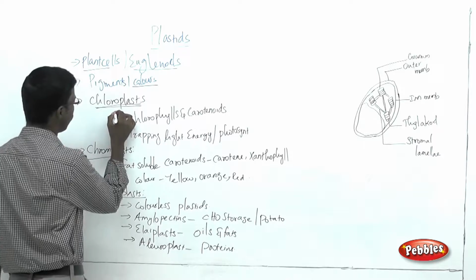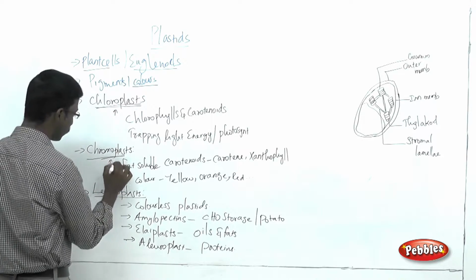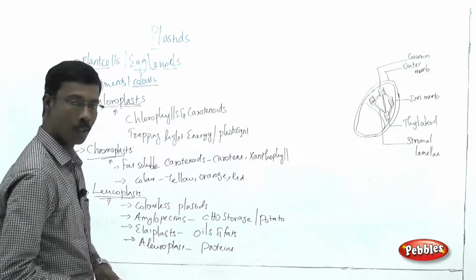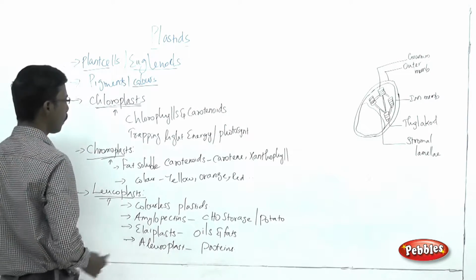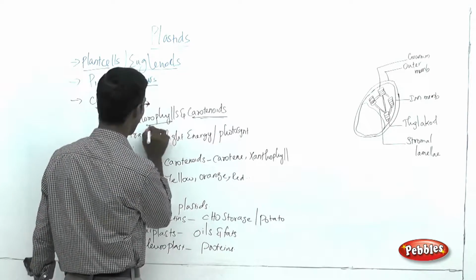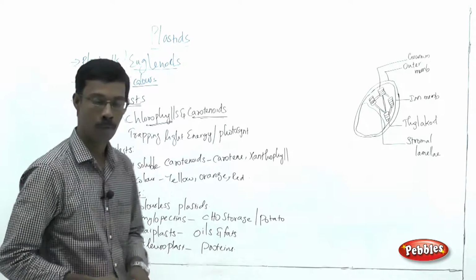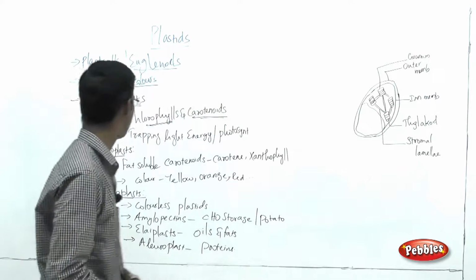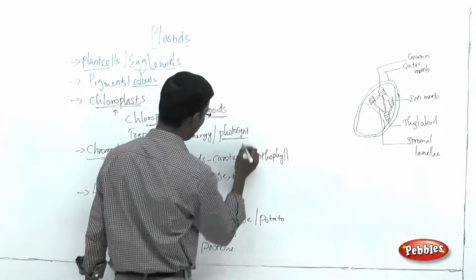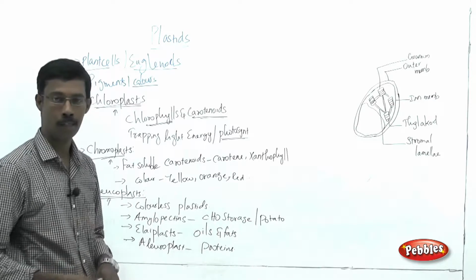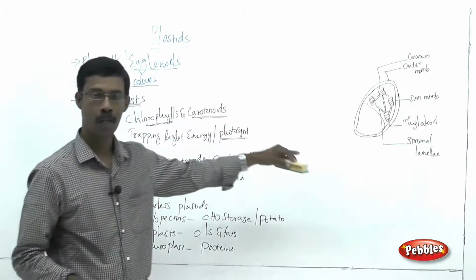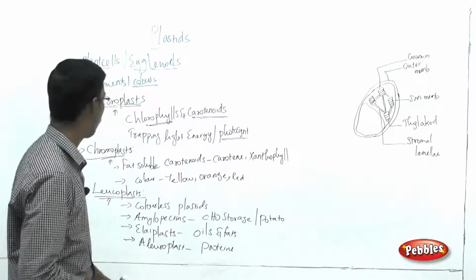Okay. So next, there are so many categories of plastids present, and we are going to see them one by one. We are going to start with the chloroplast. Okay. So the chloroplasts, as we all know, possess the pigments called carotenoids and chlorophylls. What is the purpose of the chloroplast? Chloroplasts are involved in photosynthesis. They trap the light energy from the sunlight and convert it into the storage molecule called carbohydrate.